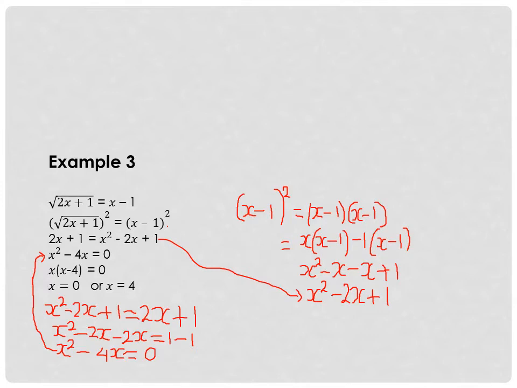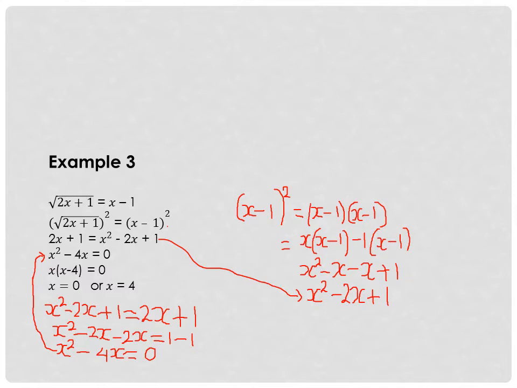X minus 1 in a bracket to the power 2 is the same as x minus 1 in a bracket multiplying x minus 1 also in a bracket. Now, to solve this, x on the left hand side, x is going to multiply what we have in the right side, which is x minus 1.